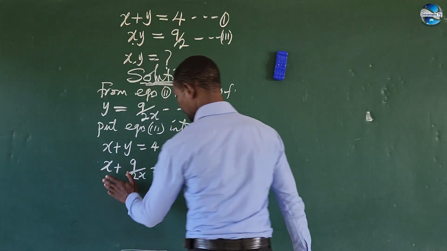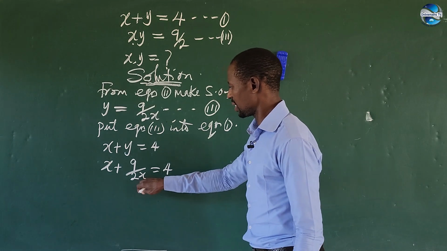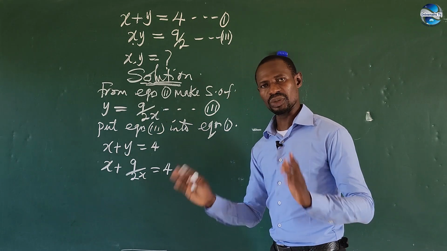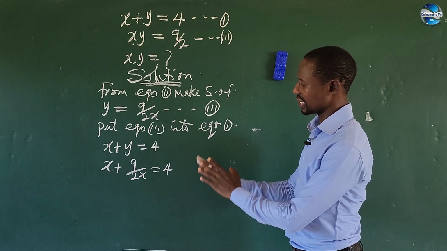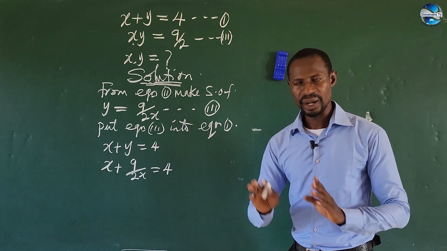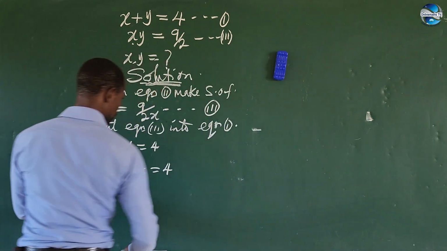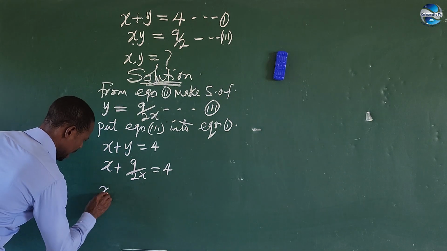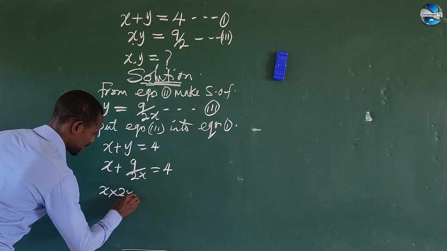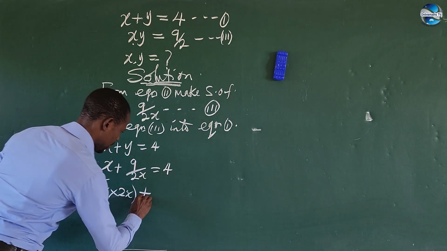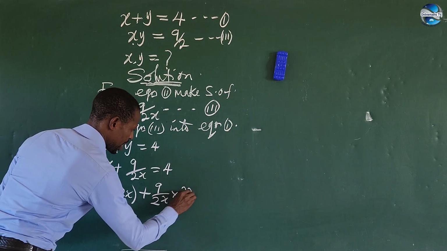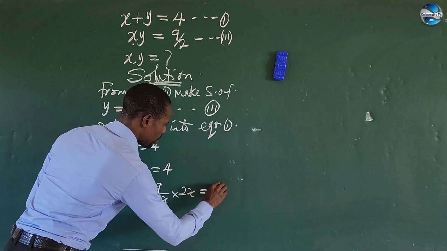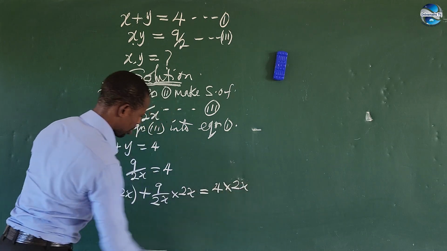Look at what we have here. We want to eliminate this denominator. So we want to multiply both sides of the equation, or multiply all the quantities in this equation, by 2x. So this will give us x times 2x, plus 9 all over 2x times 2x, equal to 4 times 2x also.